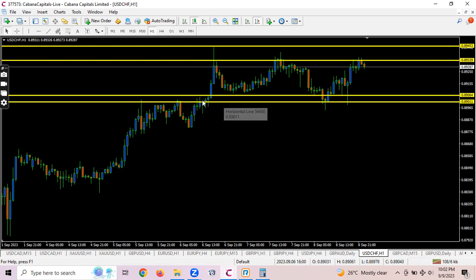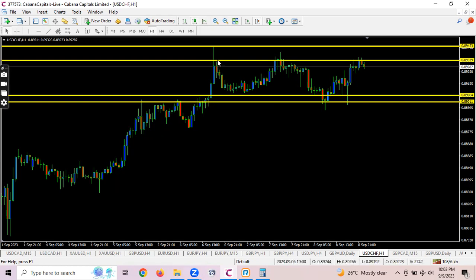Resistance turned support. Okay, you can see it was a resistance here, became a support after this candle broke out from that level. So this will be your sell zone, your support zone. If the support is broken, you want to consider selling USD CHF.